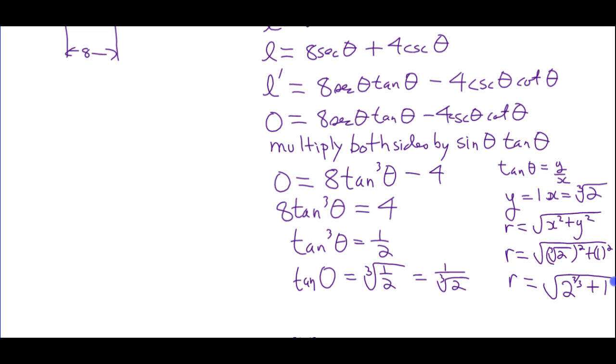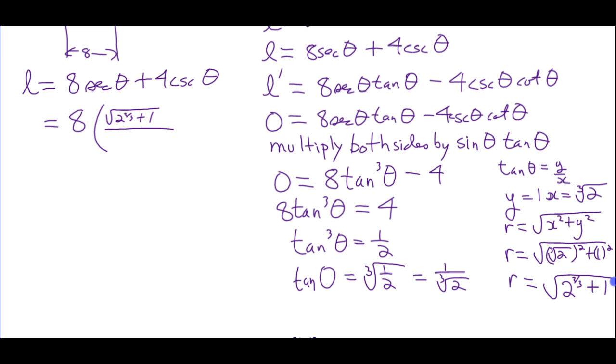So let's go over here. So L is equal to 8 times the secant of theta plus 4 times the cosecant of theta. Okay, so secant is 1 over cos, and cos is x over r, so secant is r over x. And r is this, and x is this.